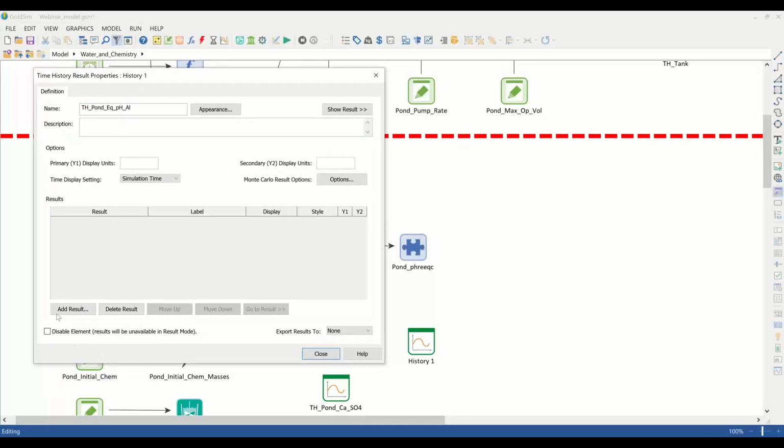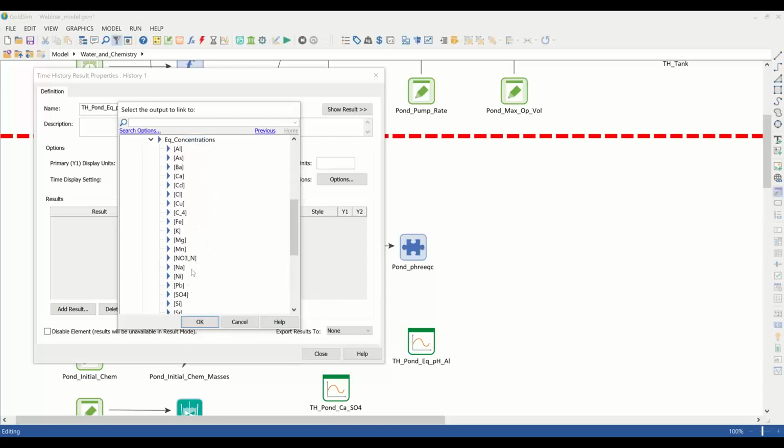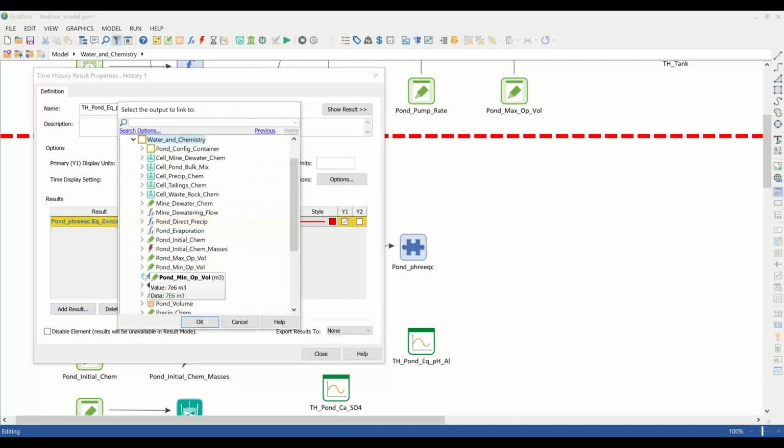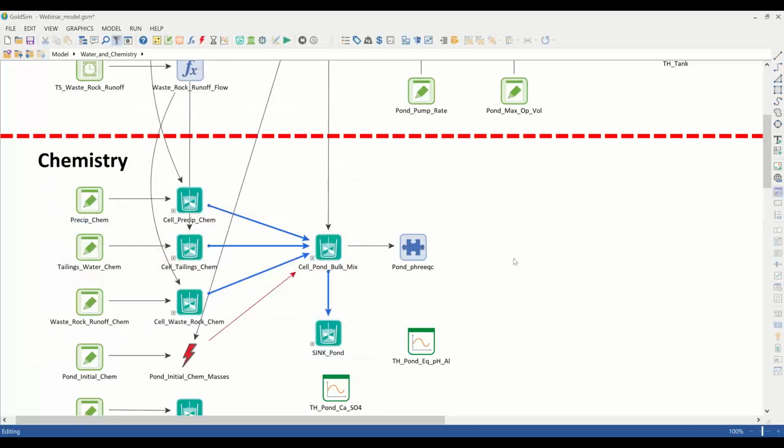If I expand this and then go to add results, I can go to my external element and pick the different outputs that I want to see. So I'll pick pH, and then I will also pick, in this case, aluminum. I'll save this here in case I make a mistake.